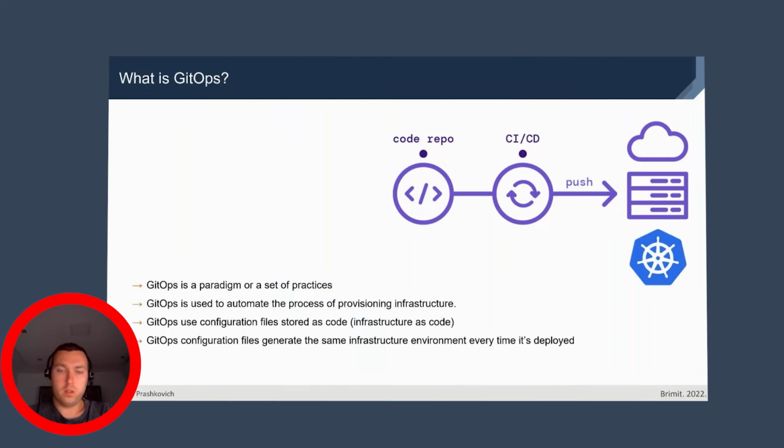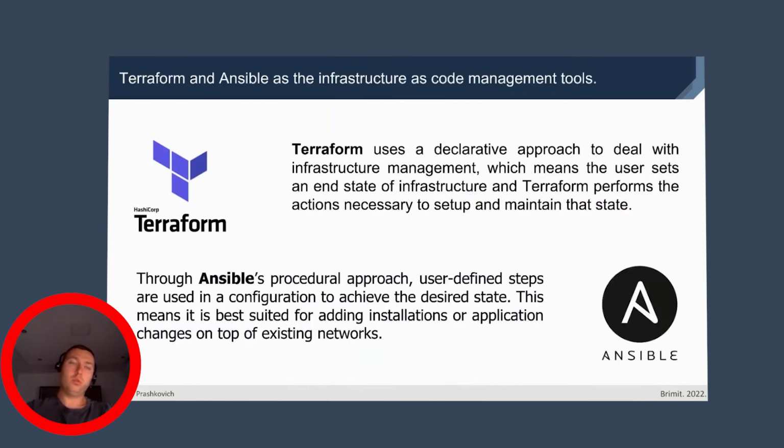There are two tools that are used to implement the GitOps approach. The first one is Terraform. Both of these tools are used by Sitecore inside of the Managed Cloud, and that's probably the place where I faced them for the first time.